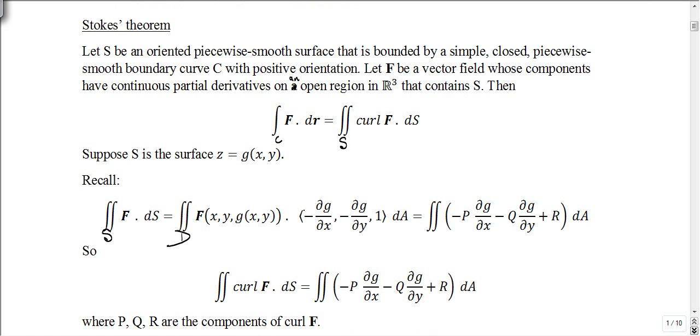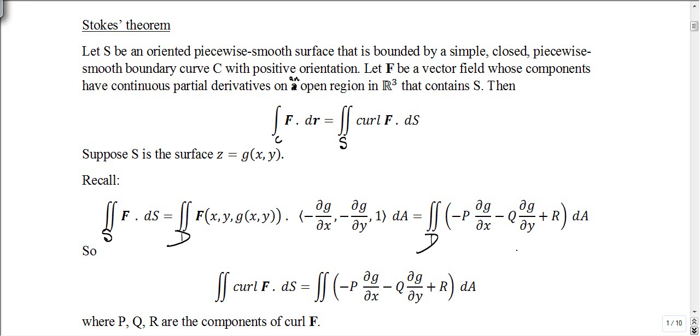What I said is that you write z in terms of x and y, so write your entire vector field in terms of x and y, dotted with this vector, which is the normal. And so when you work it out, over D again, it ends up being that. Remember we did that the last time.